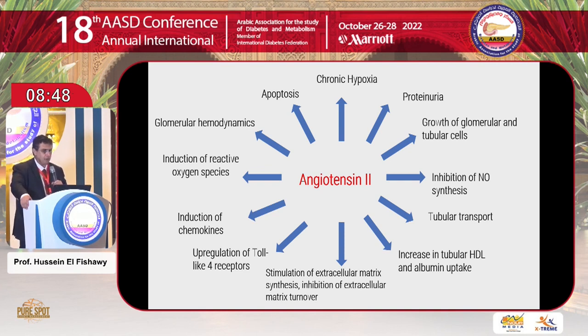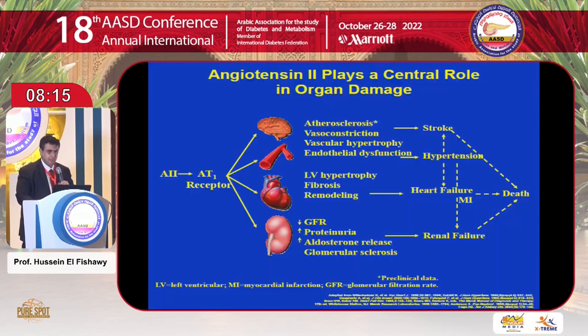It will induce reactive oxygen species, and alter glomerular hemodynamics by vasoconstriction of the efferent arteriole with increased intraglomerular pressure, induce apoptosis, hypoxia, proteinuria, growth of glomerular and tubular cells, which is very important for glomerulosclerosis, inhibition of nitric oxide synthesis, tubular transport, and stimulation of extracellular matrix with increased tubular LDL and albumin uptake, which of course is nephrotoxic, and activation of toll-like 4 receptors, which induces the inflammatory process, induction of chemokines.